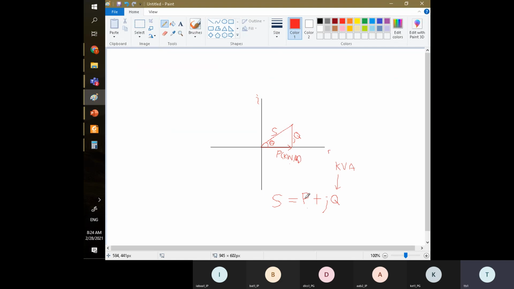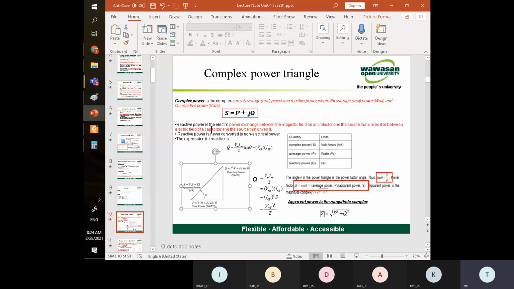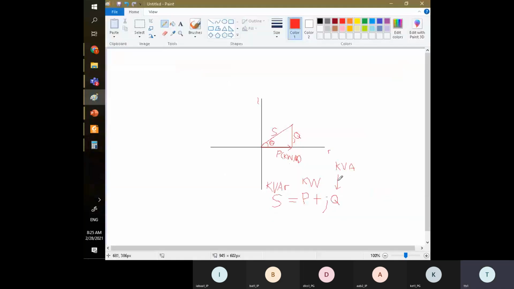P is kilowatt, this is a kVA, and this one is kVAR, reactive power. This is reactive power here. And then the complex power is VA. Got it opposite.